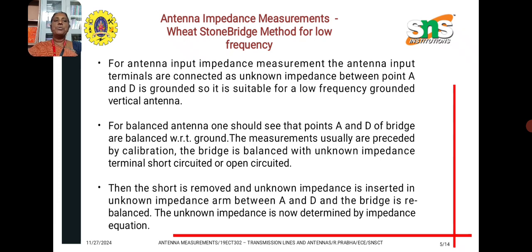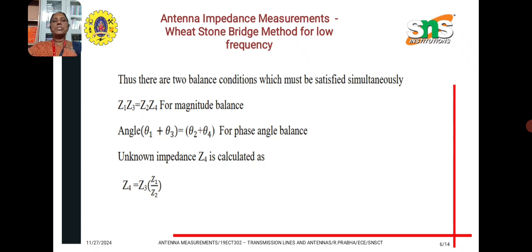The measurements usually are preceded by calibration. The bridge is balanced with the unknown impedance terminal short circuited or open circuited. Then the short is removed and the unknown impedance is inserted in the unknown impedance arm between A and D, and the bridge is rebalanced. The unknown impedance is now determined by the impedance equation.